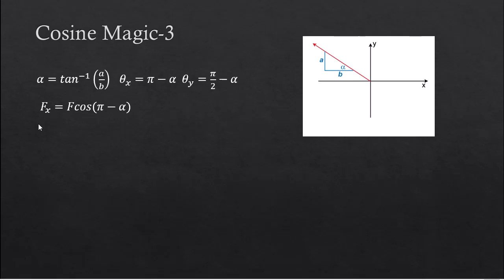So we can write fx as f cosine pi minus alpha, which is theta x, and fy as f cosine pi by 2 minus alpha, which is theta y.